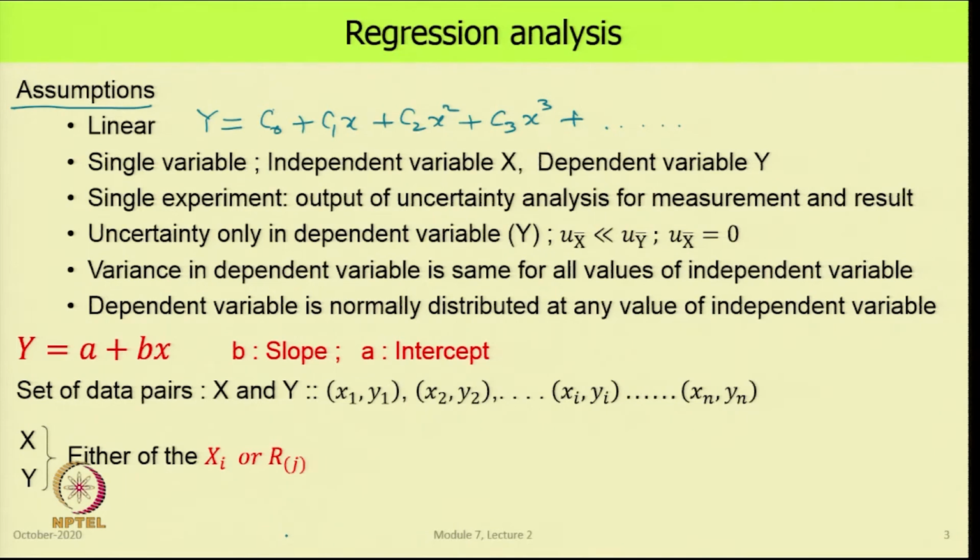We further qualified by saying that we will look at only a single variable, where the independent variable is x and the dependent variable is y. So, this expression above will then get reduced and will become just C0 plus C1 x.